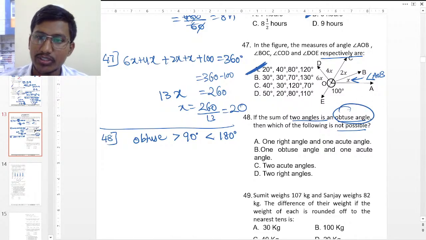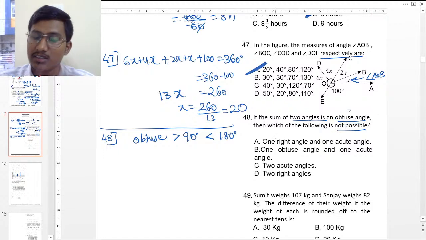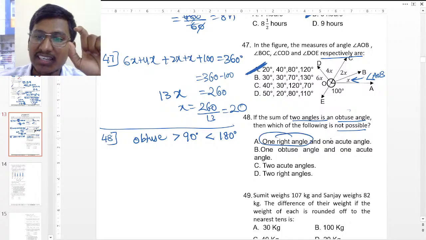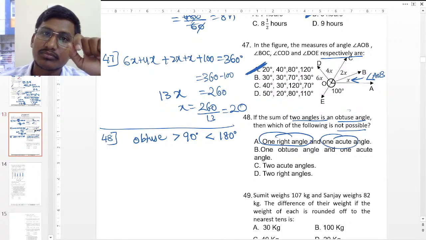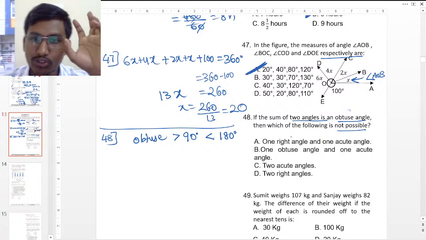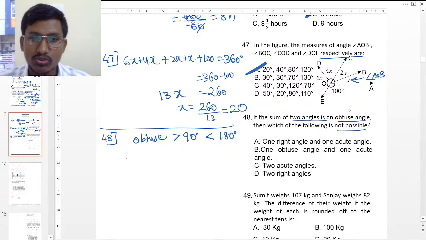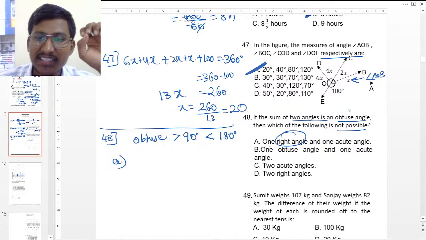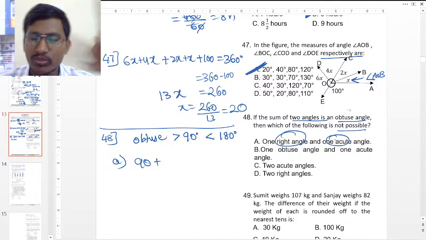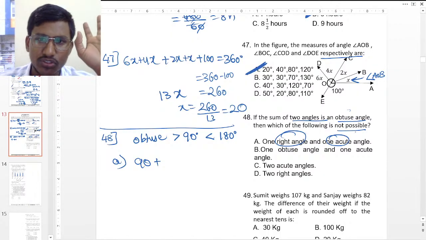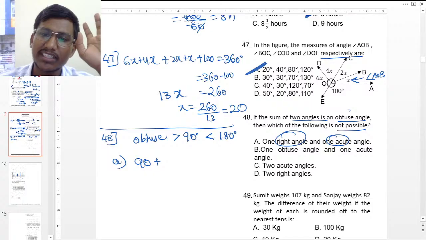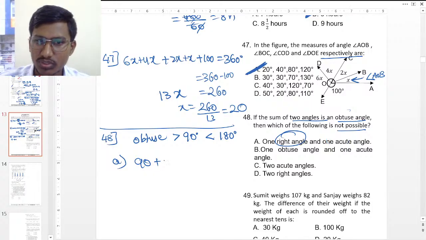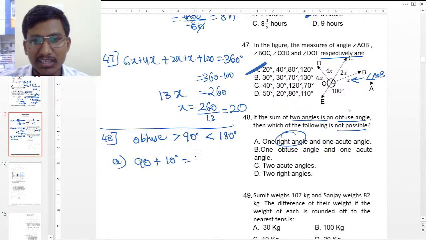Okay, good. Let us go with option A: one right angle and one acute angle. I will take an example. A right angle is 90 degrees, and an acute angle is any angle less than 90 degrees, like 10, 20, 30. I am taking 10 degrees. Then it will be 100 degrees.